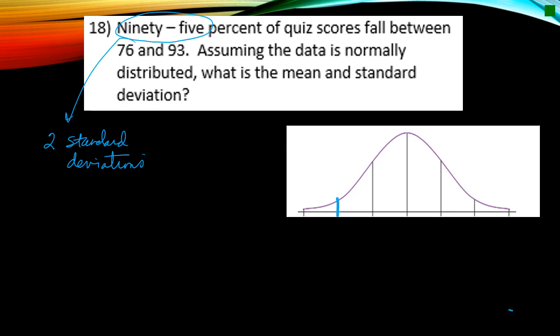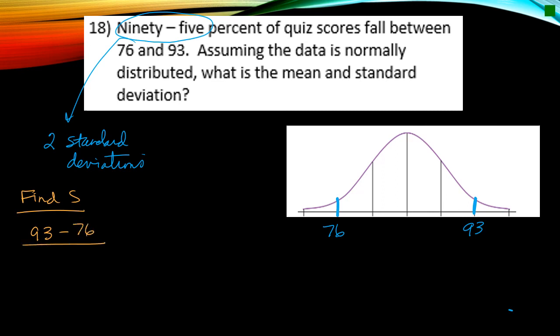So on this line and this line, we're going to put our 76 first because it's smaller, and then the 93 will go here. Now, there are a couple different ways you can do this. In my opinion, the easiest way is to find the standard deviation first. So we're going to take the larger number, 93, and subtract 76.